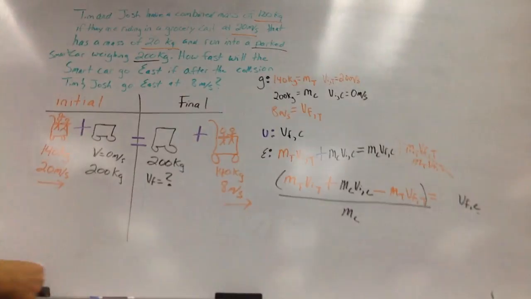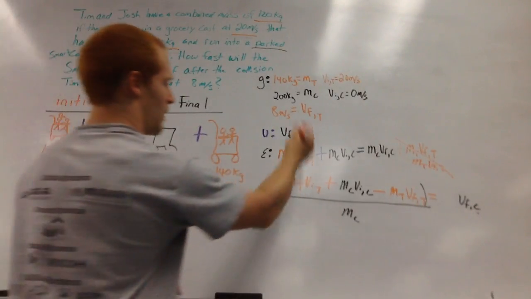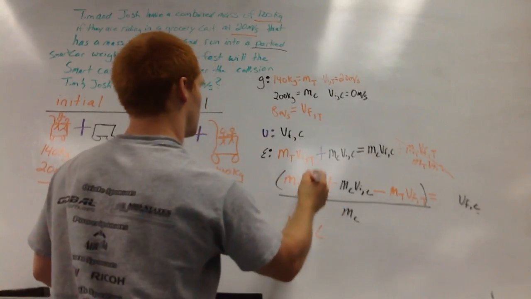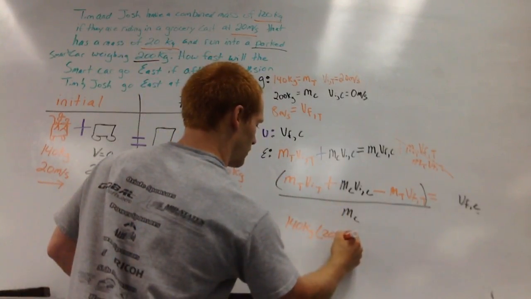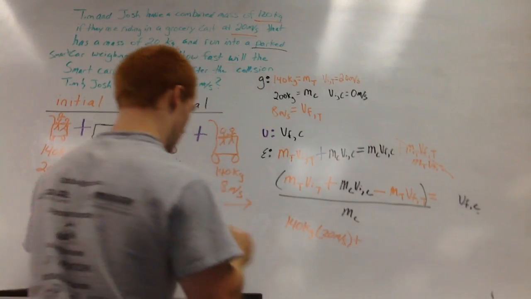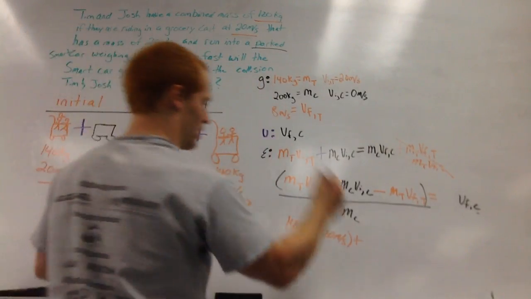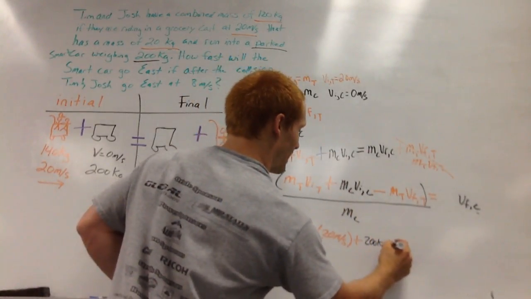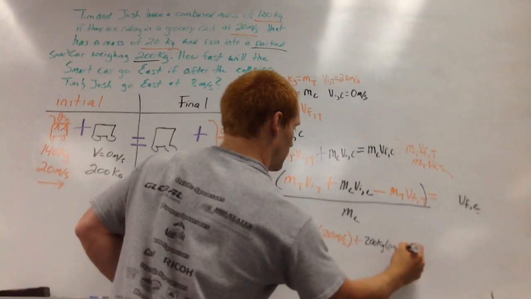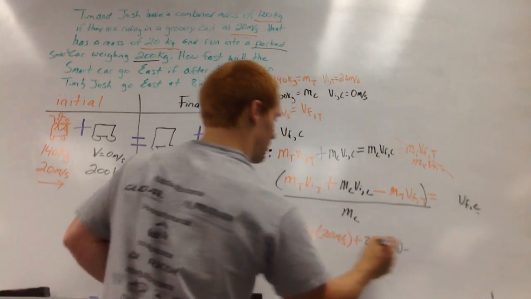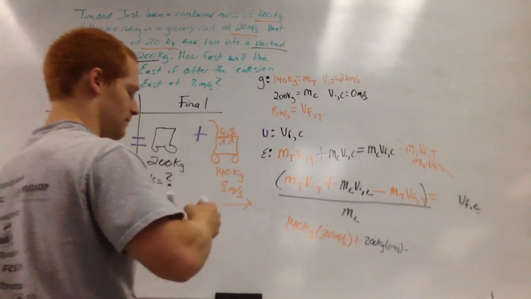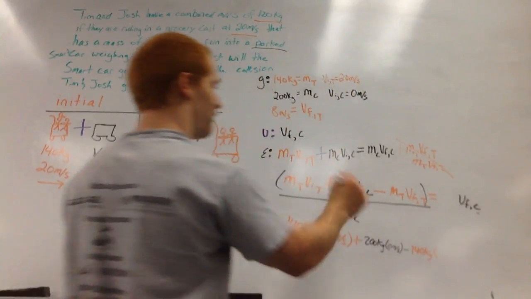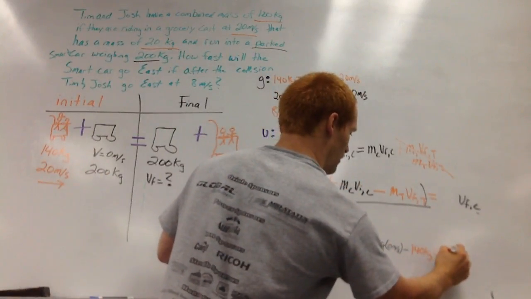So now here we're just going to plug it in. So we know the mass of Tim, 140 kilos. Velocity initial of Tim, 20 meters per second. Plus mass of the car, 200 kilos. Velocity of the car initially was 0 meters per second. Then we're going to subtract the mass of Tim, 140 kilos, and the velocity final of Tim, which was 8 meters per second.